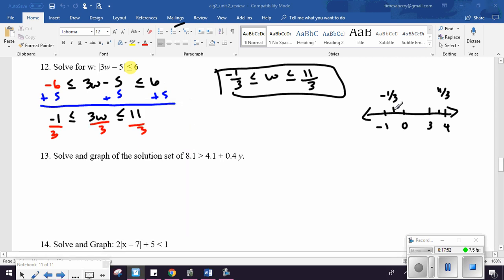I will have closed dots on both, and you shade in between because that's where the variable is. It's between.